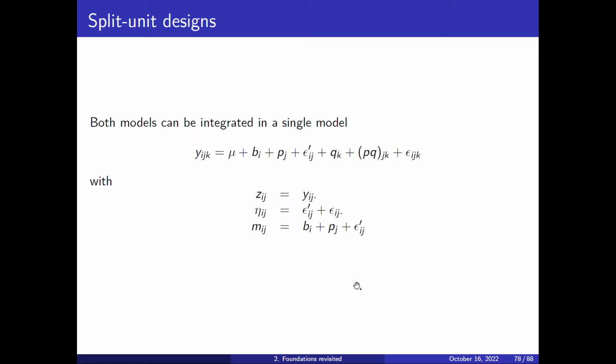Both models can be integrated in a single model. So a measurement for a particular block, light treatment and diet treatment will be an overall mean plus something that depends on the block, plus something that depends on the light, plus some noise that depends on the large level, so at the level of room, plus the main effect of diet, the interaction between light and diet, and then some noise that depends on the specific cage.